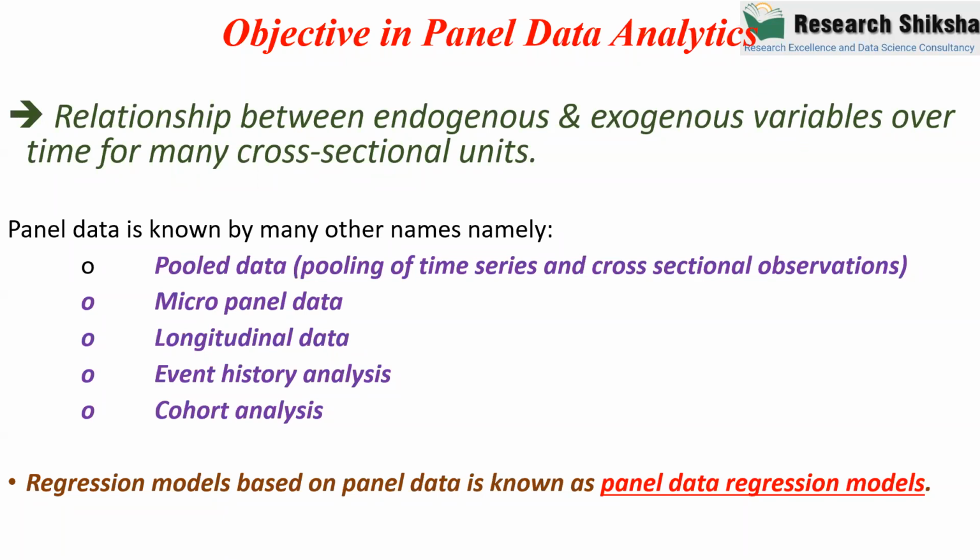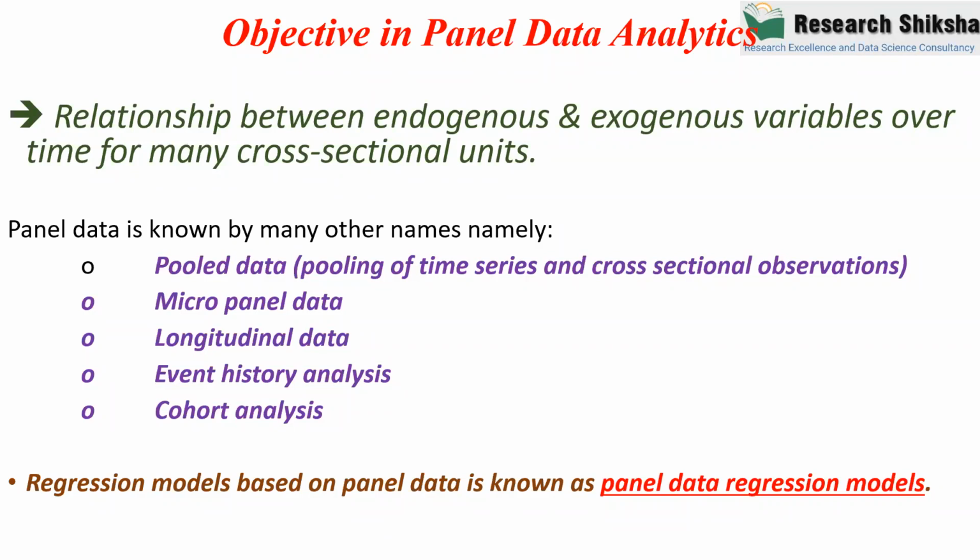One thing which is common here is a concept called heterogeneity. So what is heterogeneity actually? Because we are taking data from many units, in most cases it is not possible that all the companies are exactly the same.